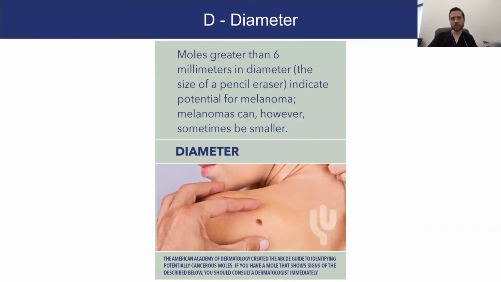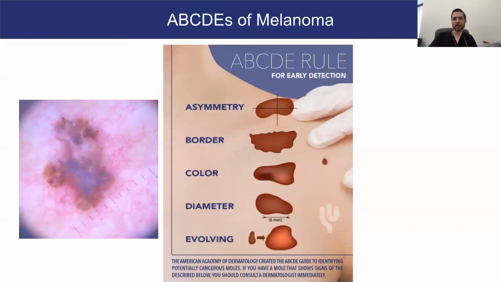And if you are concerned about something that's changing and growing, and it looks like anything that we've talked about today, it's a very reasonable thing to be checked, and to have someone with more experience than you take a look at it and give an assessment and come up with a plan. And the plan could be biopsy today. The plan could be, we're going to take a look at it in 3 months, or we're going to measure it and we're going to look at how it changes.